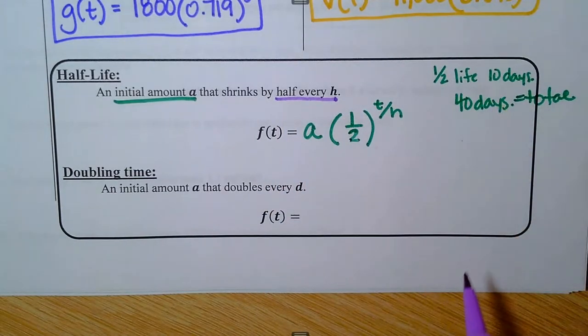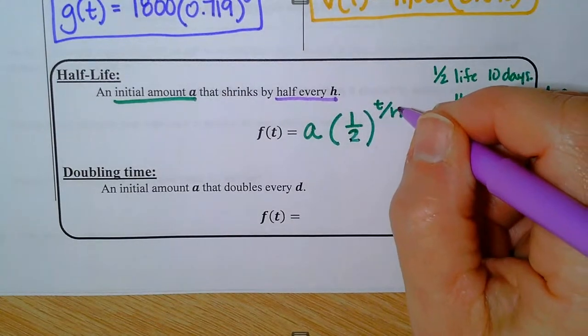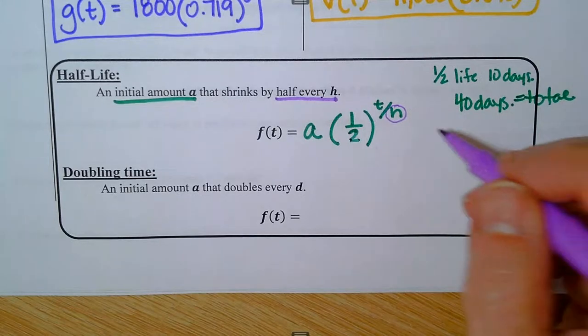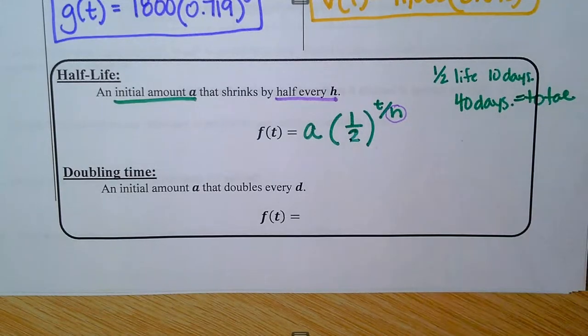Why are there 2 different numbers, 40 days and 10 days? It's saying every 10 days the population gets cut in half. So H is the amount of time that it's getting cut in half, and everything's different. That makes sense. I was very confused.